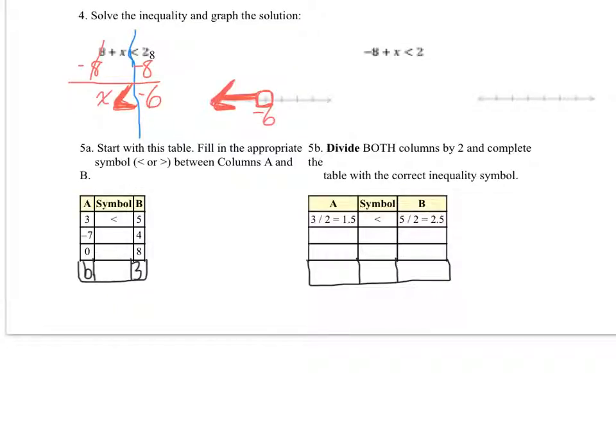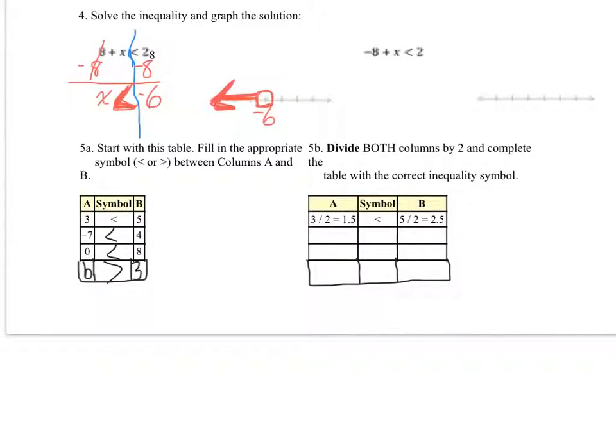Okay, so number 5 says start with this table and fill in the appropriate symbol, less than or greater than, between columns A and B. So again, we have 3 is less than 5, -7 is less than 4, 0 is less than 8, and 6 is greater than 3.